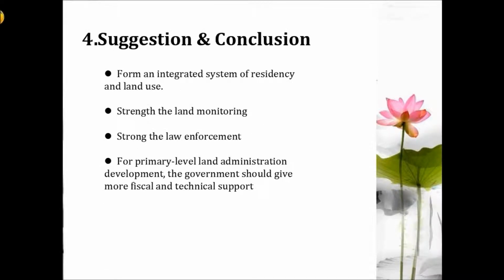Okay, for all the issues we have talked about, I think the first and most important step for the land administration system advancement is to form an integrated system of residency and land use. The rural-urban integration requires reform of both the residency system and the land tenure system.